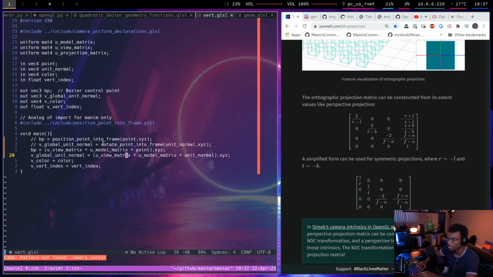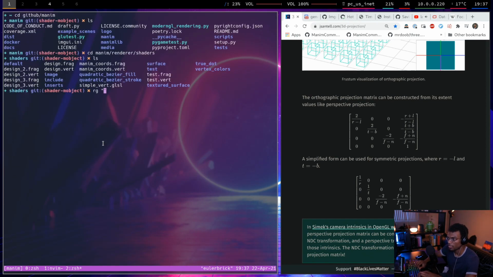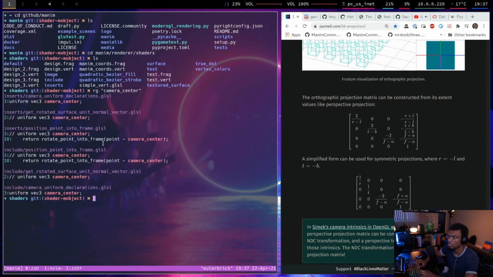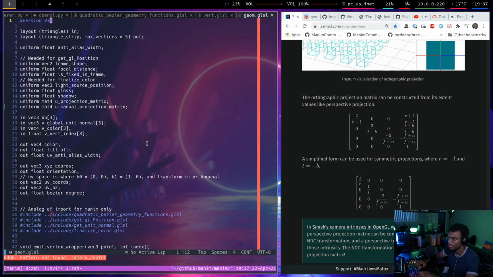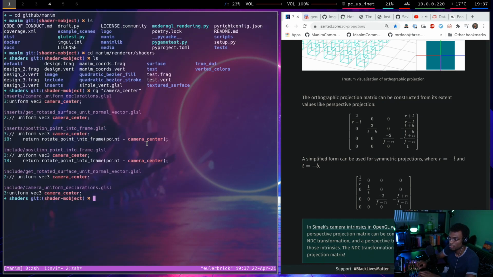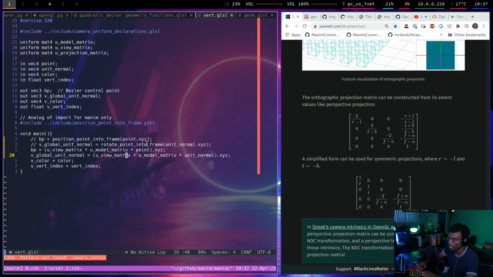I forgot what the function was even called. Oh, camera center. So it's declared here. Wait, is it ever used? Oh, rotate point into frame. It subtracts the camera center. Is that how it accounts for zoom? And that is in the vertex shader, but it isn't being used here.